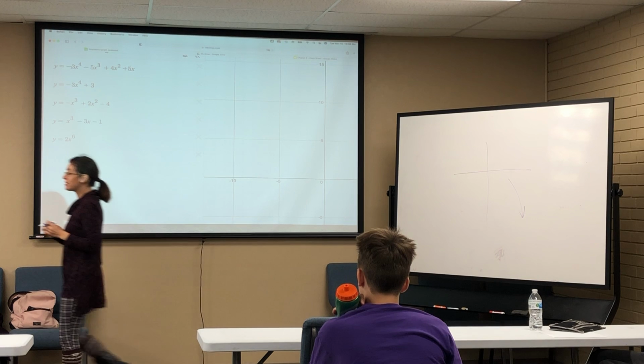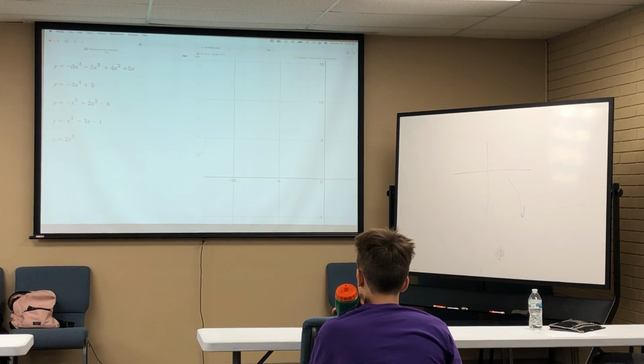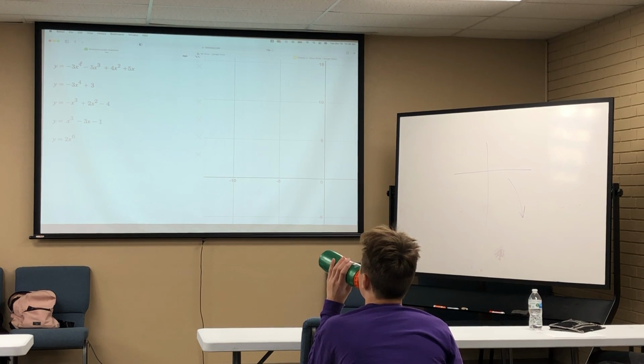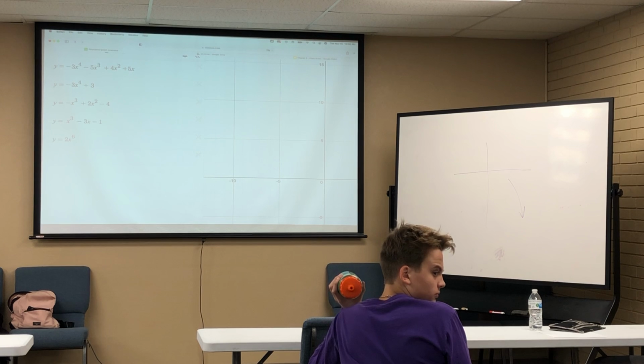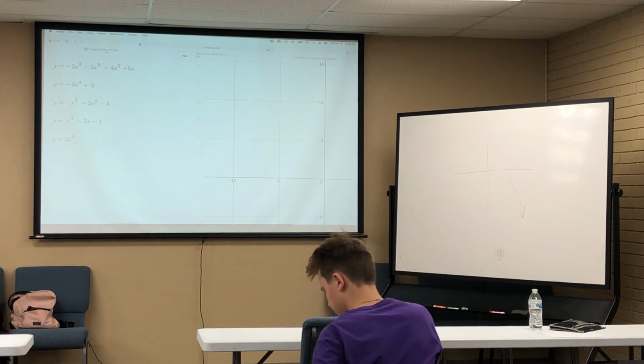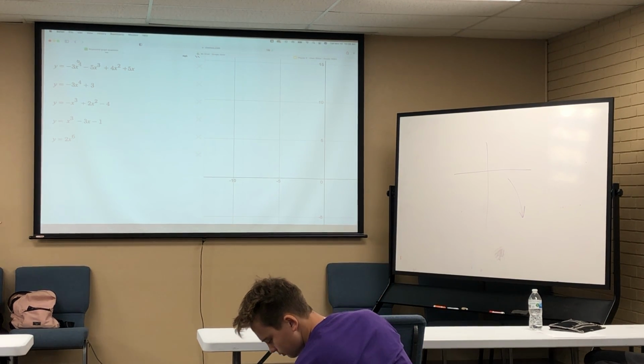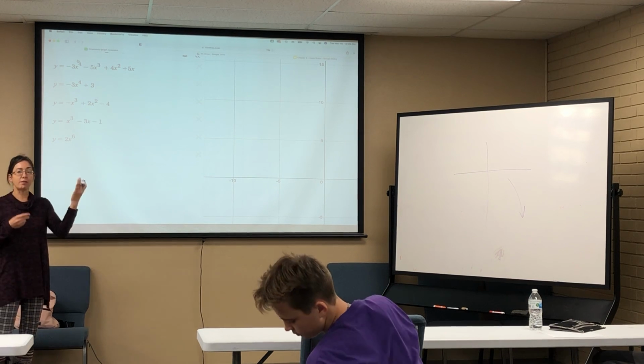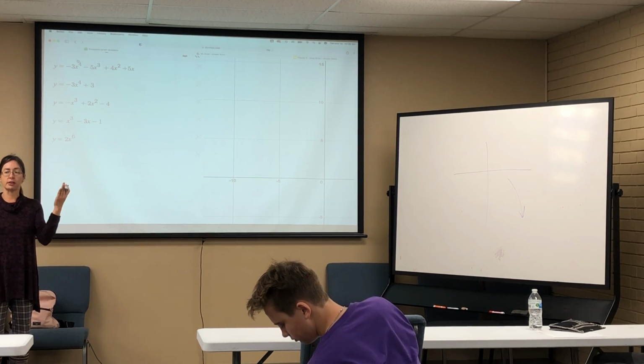Okay. Then what's the next number that we look at? The highest exponent, right? So this is the degree. It's called the degree of your polynomial. So this exponent is 4, and whenever it was 4, it falls into what category? Odd or even?